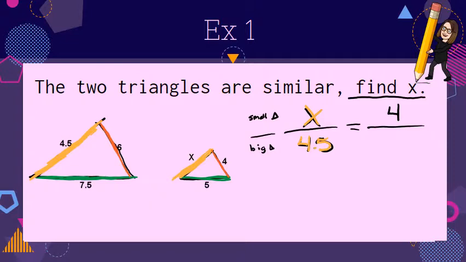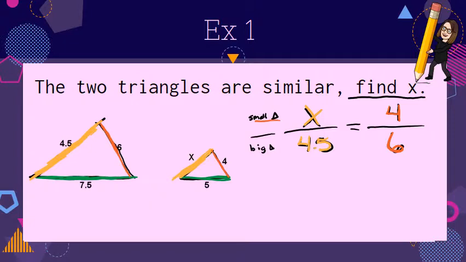Okay, so 4 is the orange side on the small triangle. What value is also orange? 6. So 6 is on the larger triangle and it's the orange side.